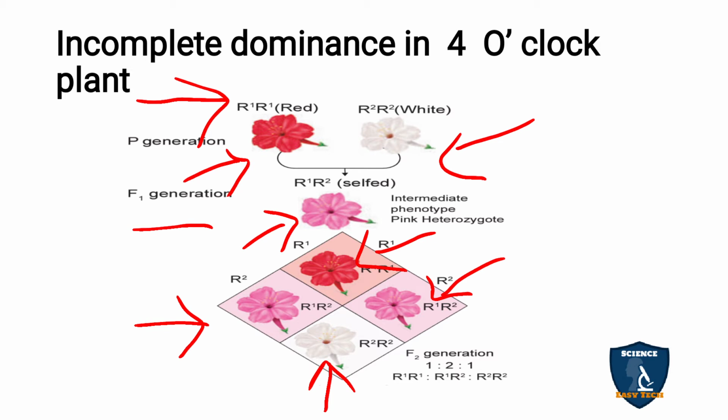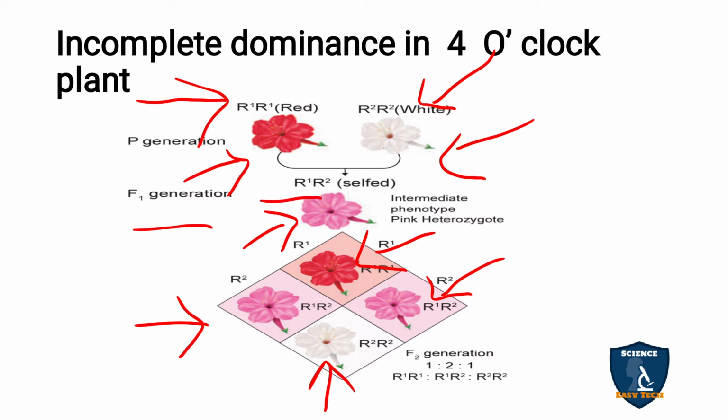So this R1 gene is capable of producing a protein, the enzyme, to synthesize the red color. In the same way, R2 is not able to produce the protein, and it cannot synthesize the white color. So what happened in F1?